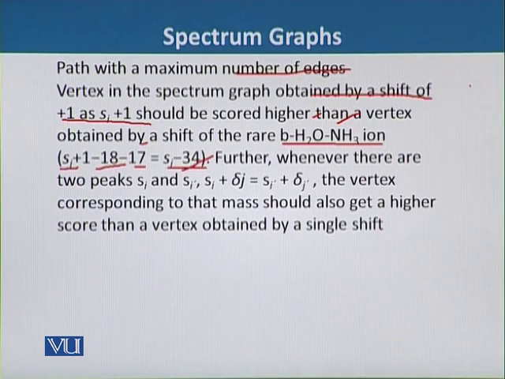So further, whenever there are two peaks, Si and Sj, so Sj plus delta j is equal to Si plus delta j. So the vertex corresponding to that mass should also get a higher score than the vertex obtained by a single shift.